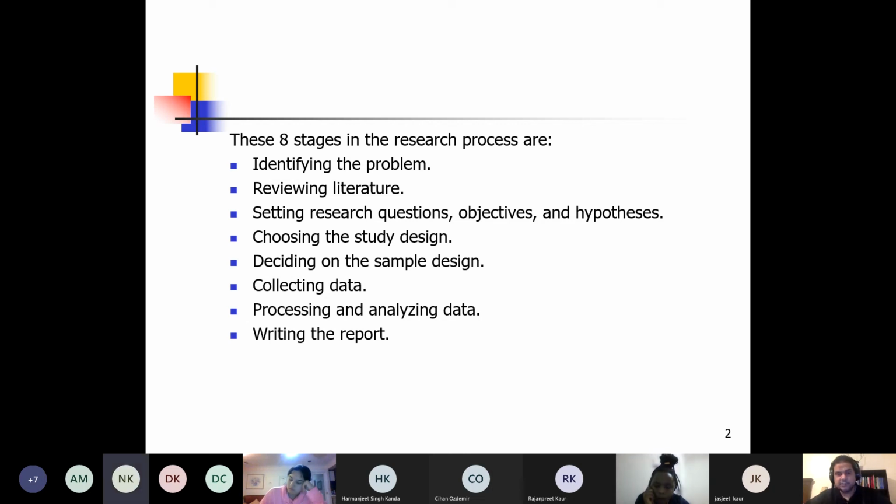What is a questionnaire? What do you mean by questionnaire? In a questionnaire we can ask questions.